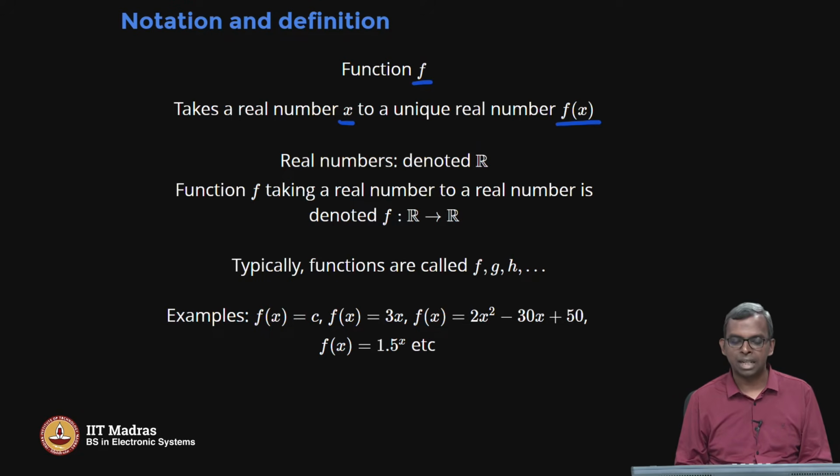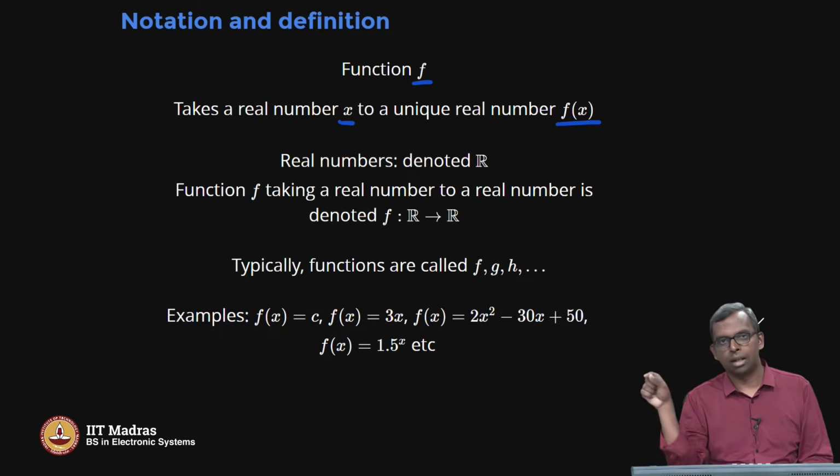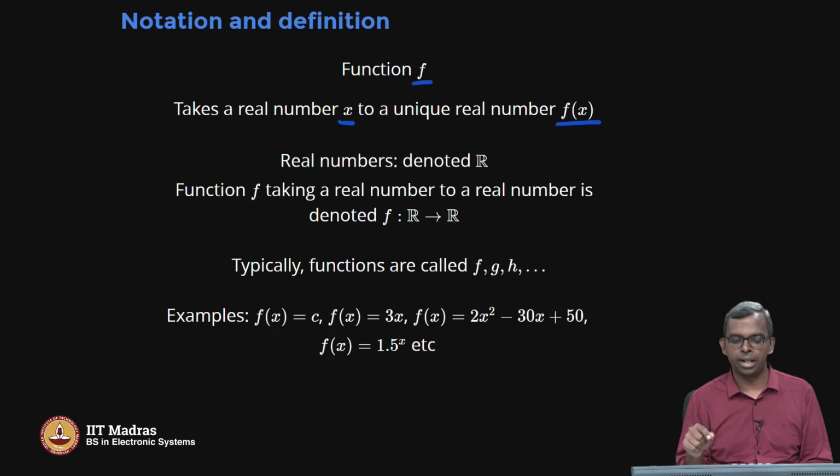It will say f colon R to R, with a right arrow. So this says a function f taking R to R. That's how you read it. The function f from R to R. So the function f takes a real number to another real number.